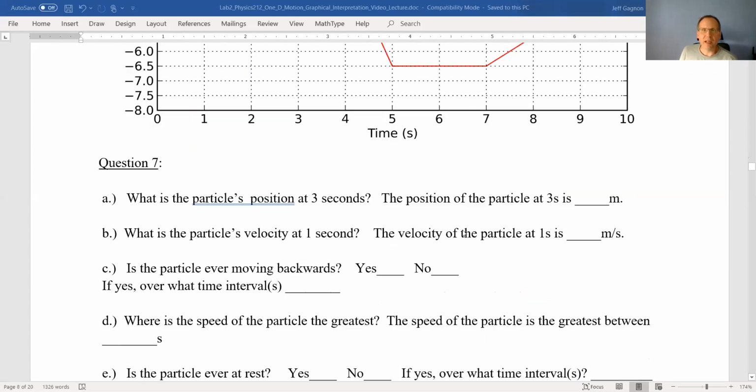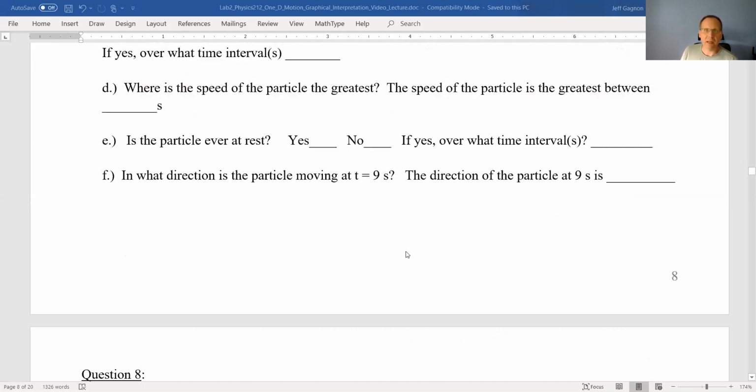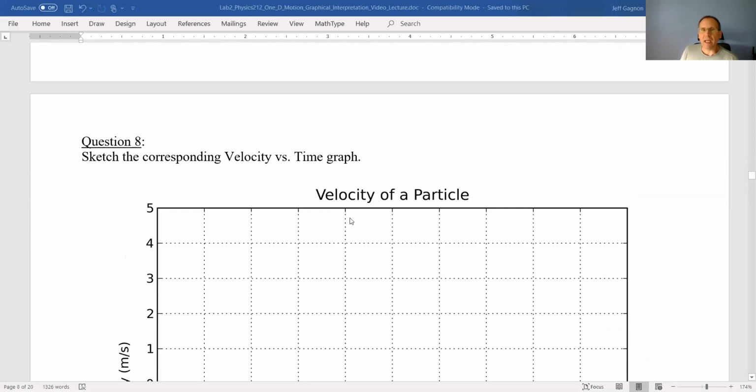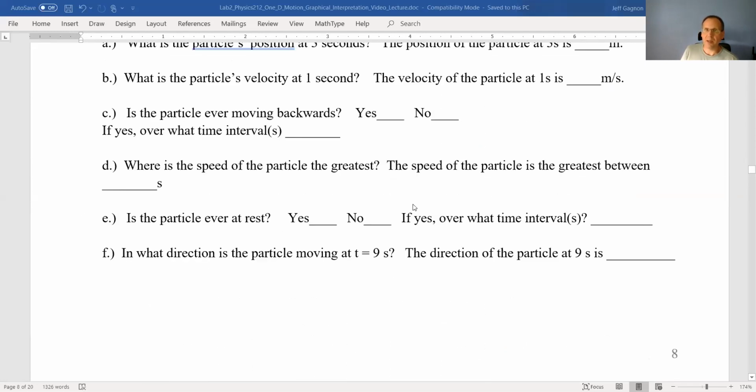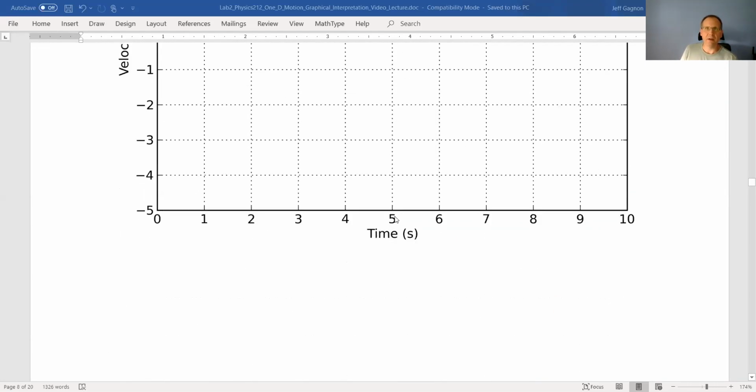You can just put in the answers in the blank spaces here, and then attach all this to your lab report, or copy and paste it into your lab report. There are several questions involving that graph. Then question 8 is to draw the corresponding velocity versus time graph based on this position versus time graph.